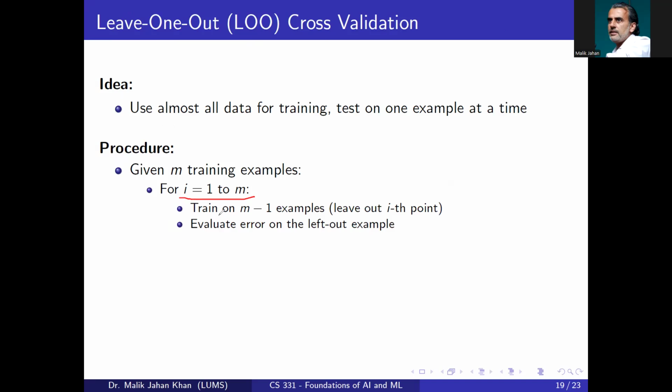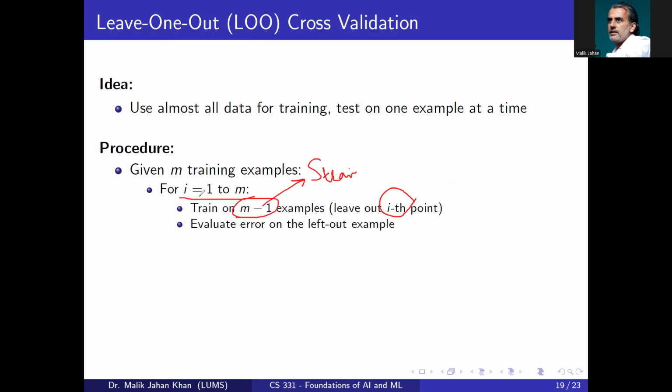We use M minus 1 examples out of M examples as our S train. So S train is now reasonably large. It's approximately the same as the original data set, except one ith point has been put out.